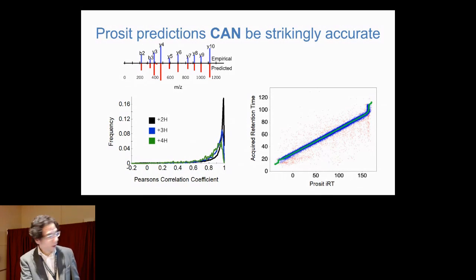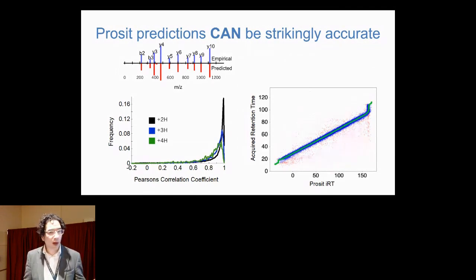I know that the people in the audience outside can't see this, but there are a bunch of peptides down here that have bad retention times that don't match the predictions. And then similarly, there are some peptides over here that don't have retention times that match the predictions. In general, we find the fragmentation patterns are pretty accurate for most types of peptides, but the retention time patterns could have some improvements.